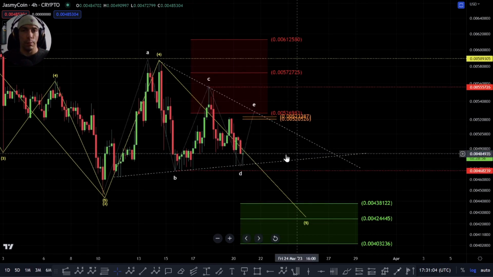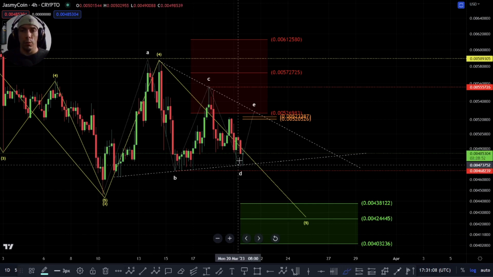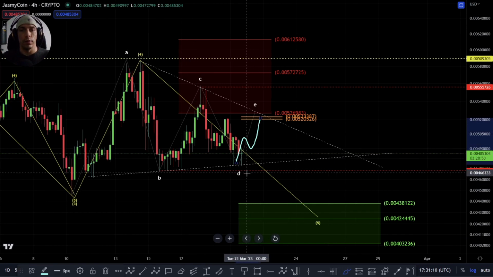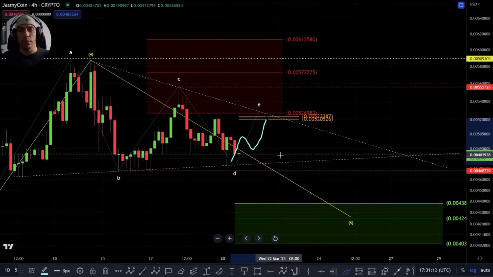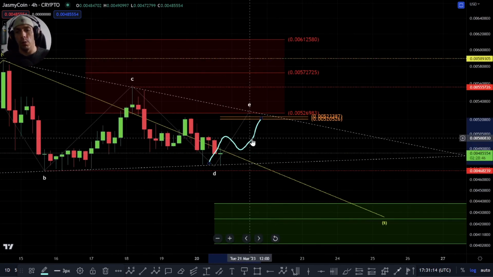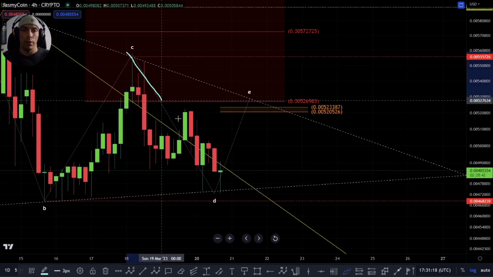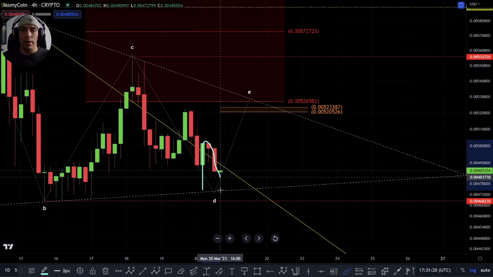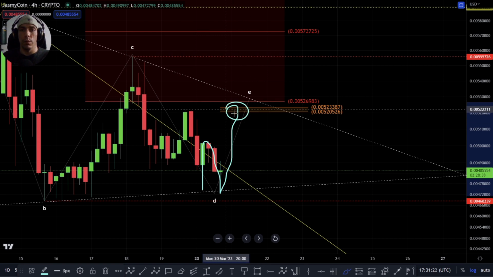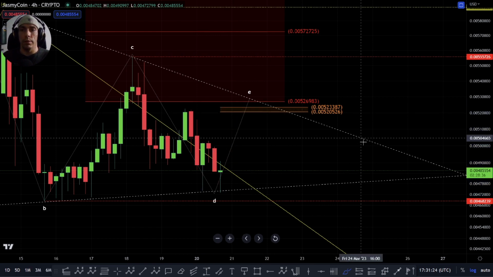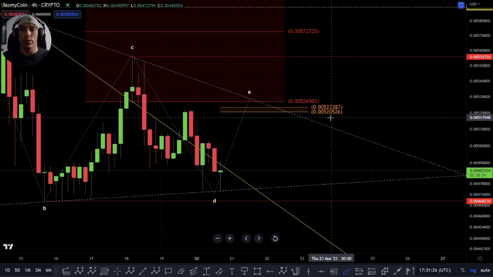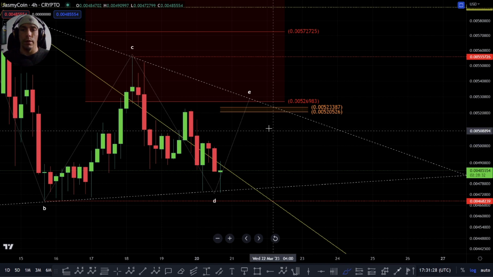But I am still looking for that possibility that within here, we could see one more three-wave move to the upside here. So just based off of a 0.618, it doesn't always go to this area, but based off of a 0.618 of this D wave, potentially that could mean that we could be looking for a move up into these highs again of this 5233 to this 5205 region.